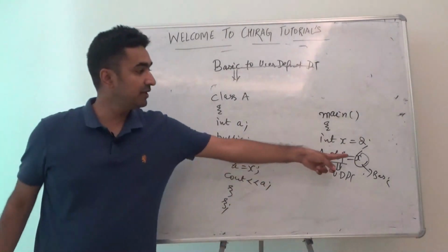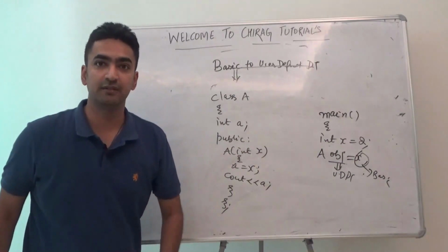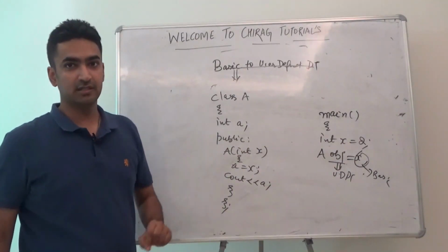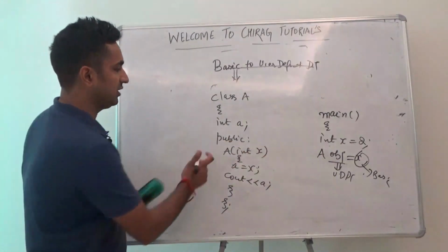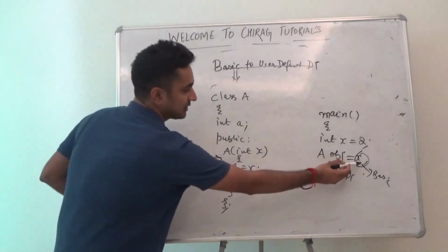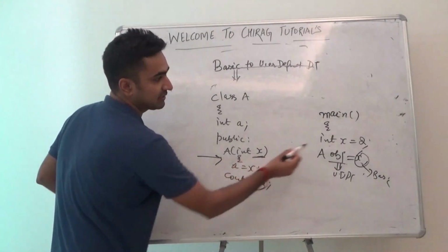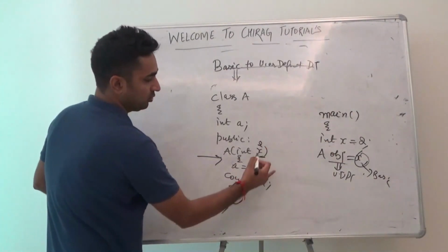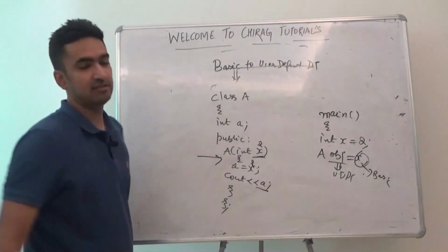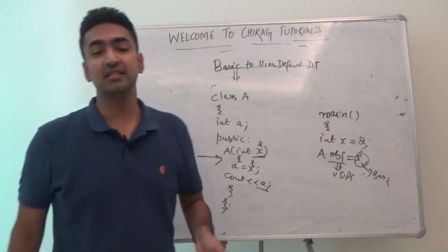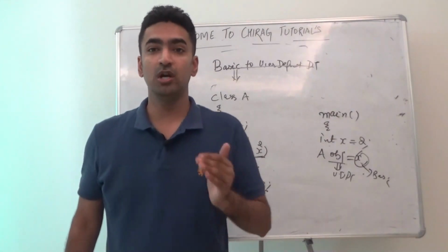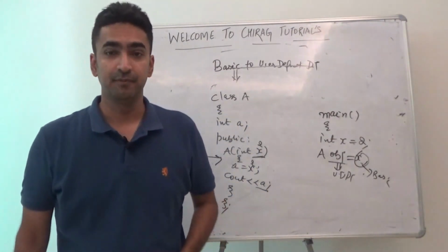So guys, the moment you wrote this particular statement, the parameterized constructor gets called, and you come over here, this x value, 2, is given to this a, and a is displayed as 2. This is how you convert a basic data type to a user defined data type.